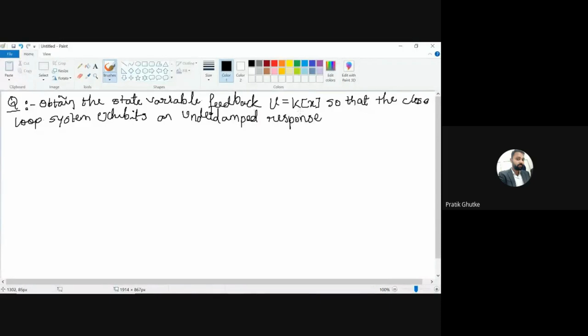You know that we have seen in time response analysis in control system 1. Zeta is your damping ratio, and what is this TS? That is settling time, and TS equals to 4 seconds.